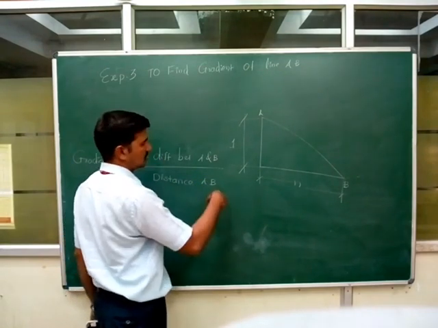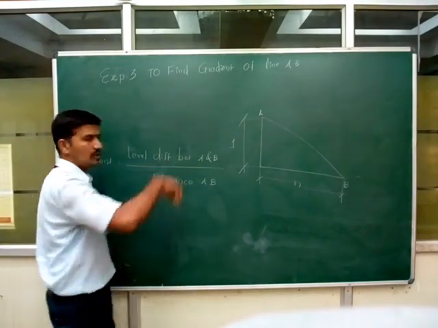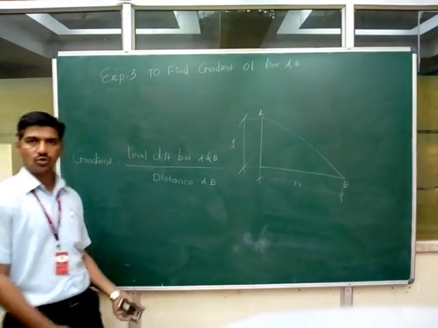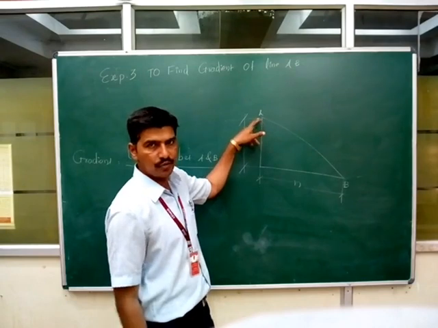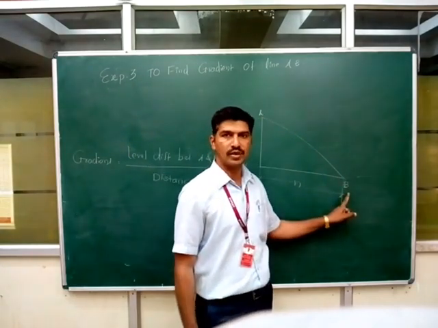Of course, this is the horizontal distance and this will become my vertical distance. It is a ratio of vertical to horizontal. So if we can find out the RL of point A, we can find out the RL of point B.